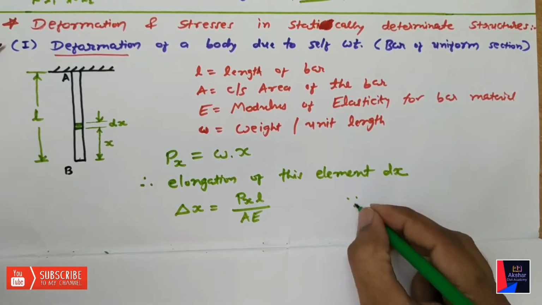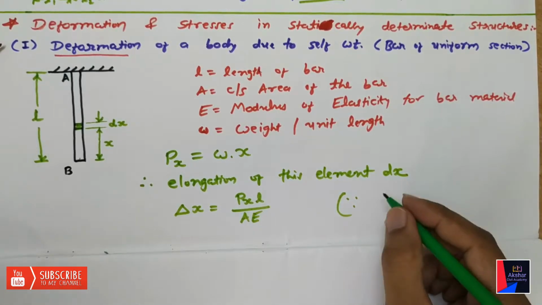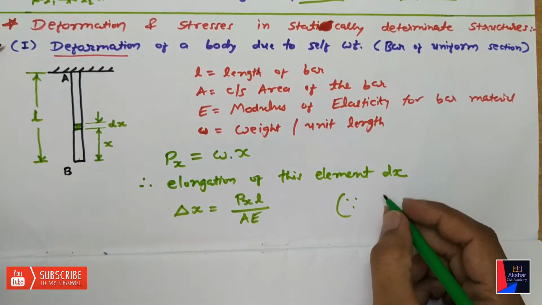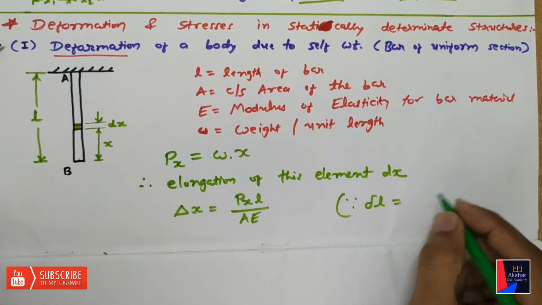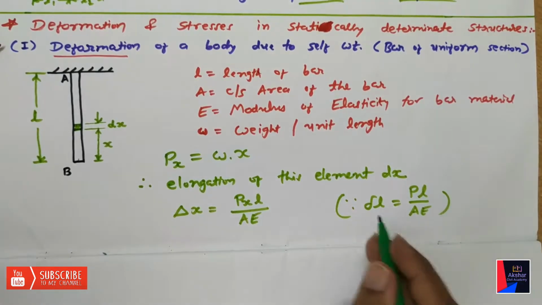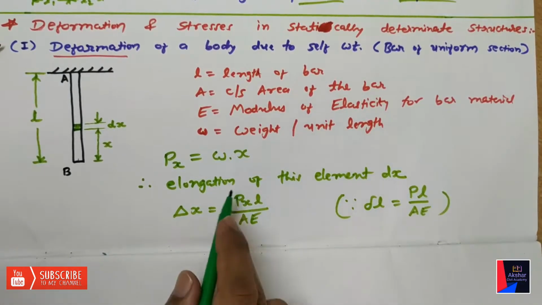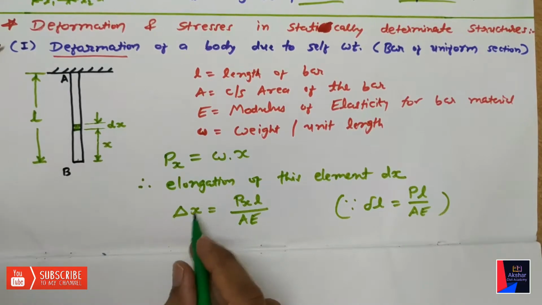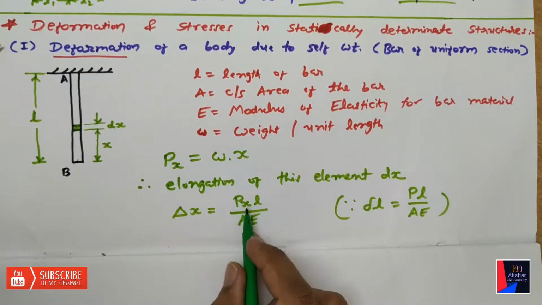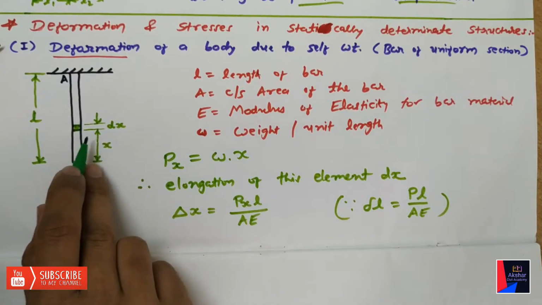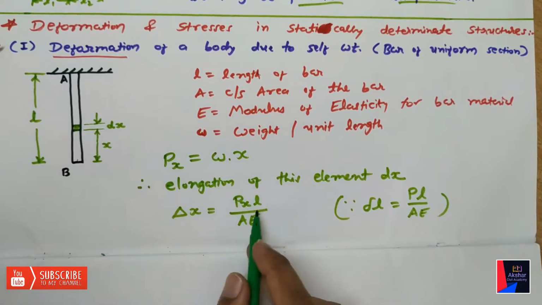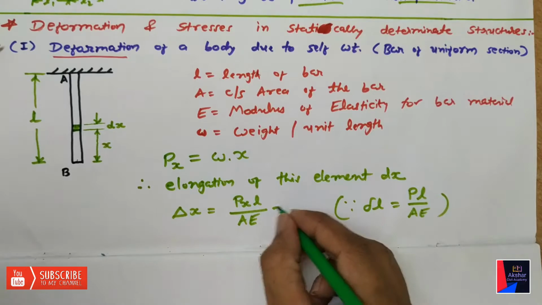As we have already found in the previous lecture, the deformation equation is del L equal to PL upon AE. From that equation we can find the deformation of this very small element dx: delta x will be equal to Px, the load or weight coming on this element only, into L upon AE.